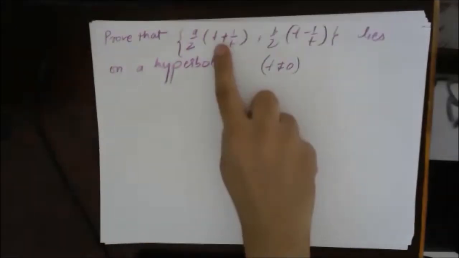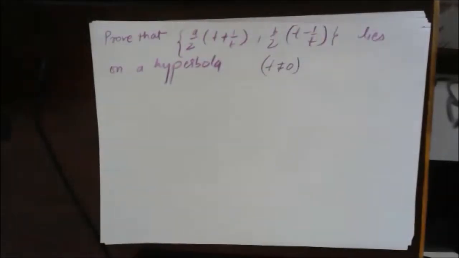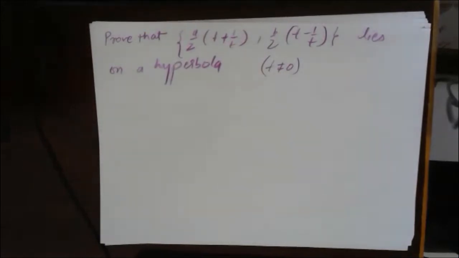So what we have to do is eliminate t, because here t is the variable. X and y are given in terms of t, so we have to eliminate t. Let's see how you can eliminate t.